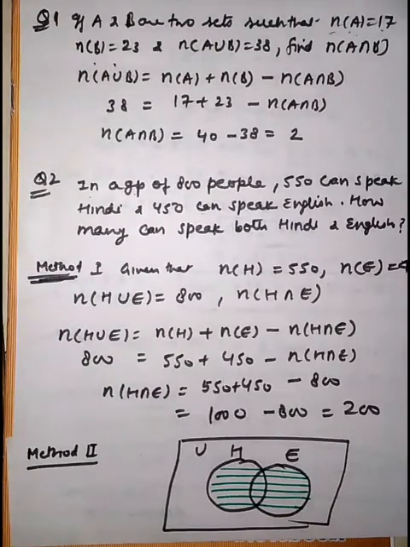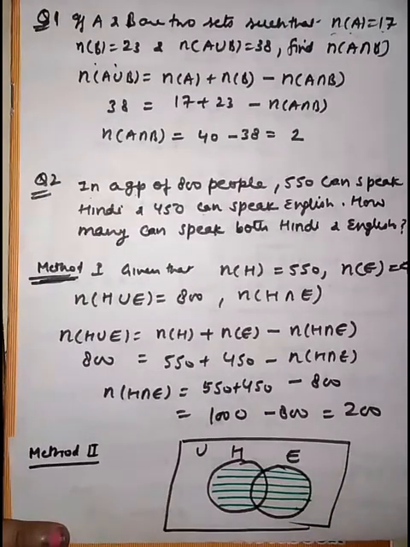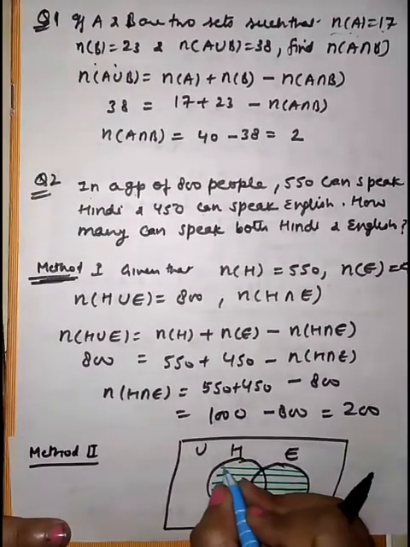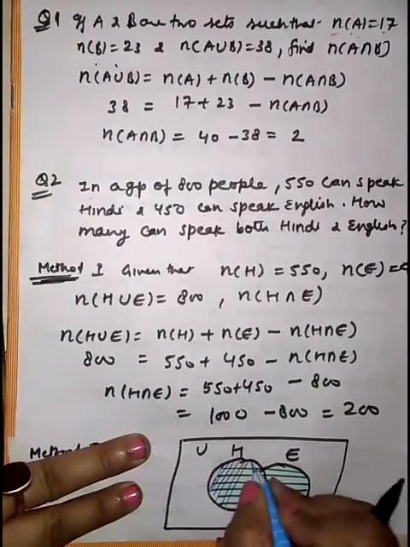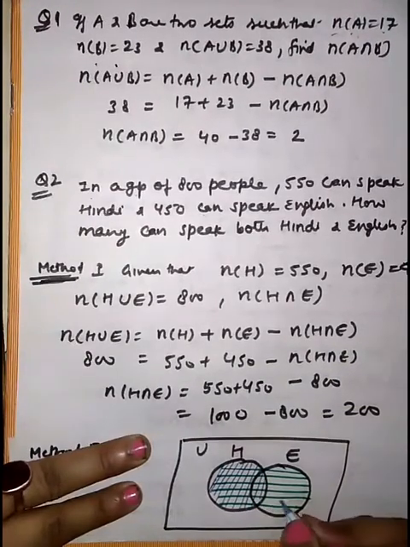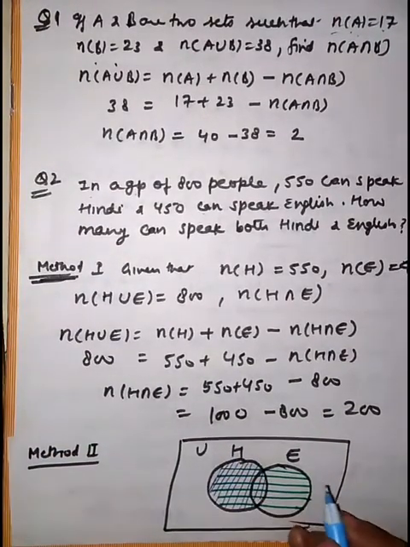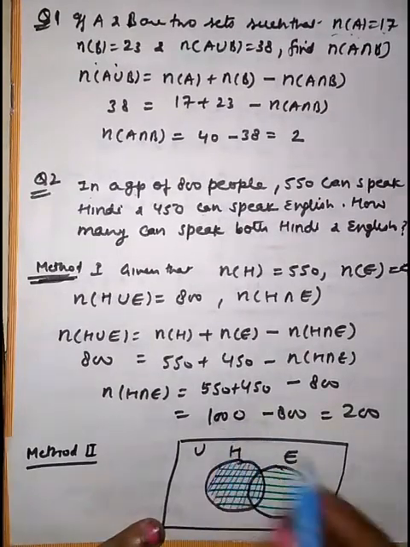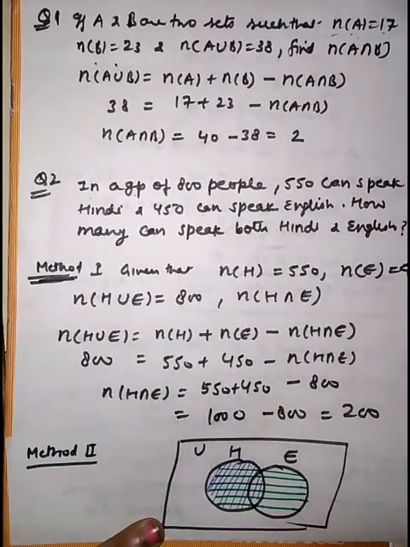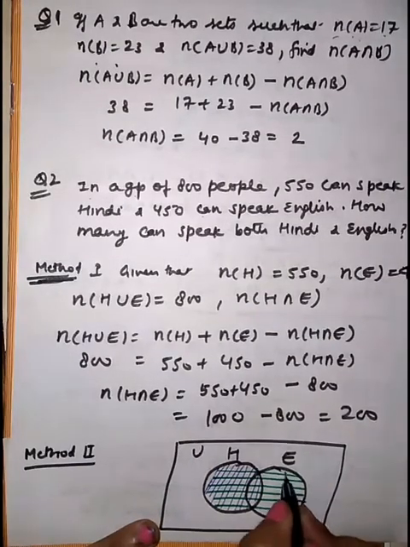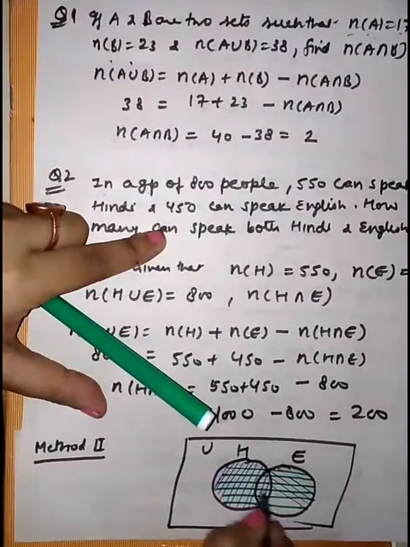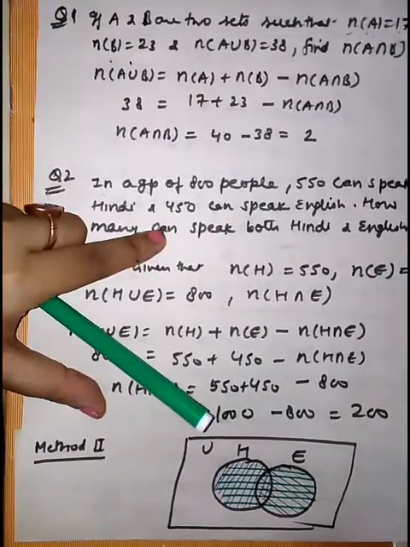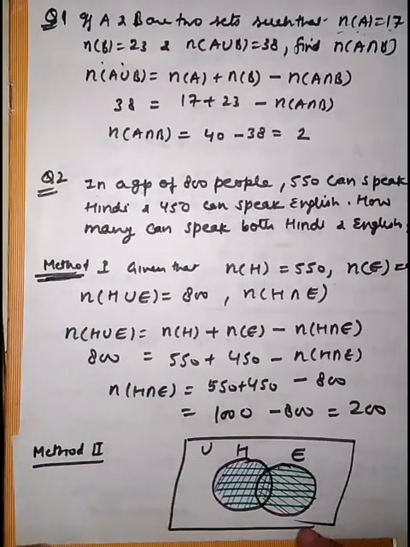n(H) equal to 550 means, friends, this whole is n(H), given as 550, and n(E) is given as 450.